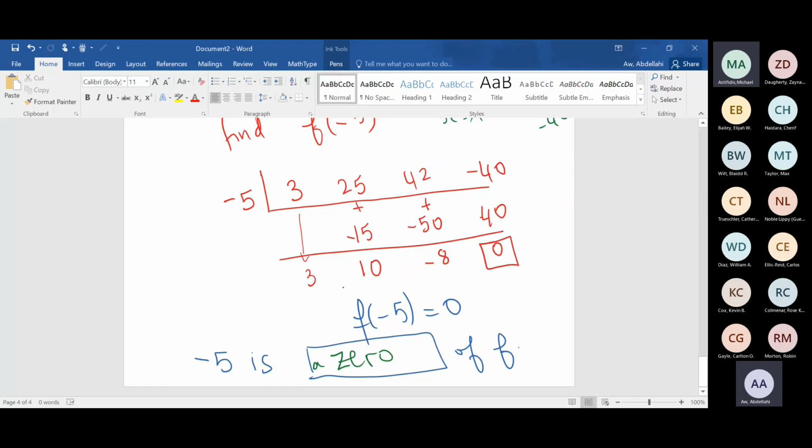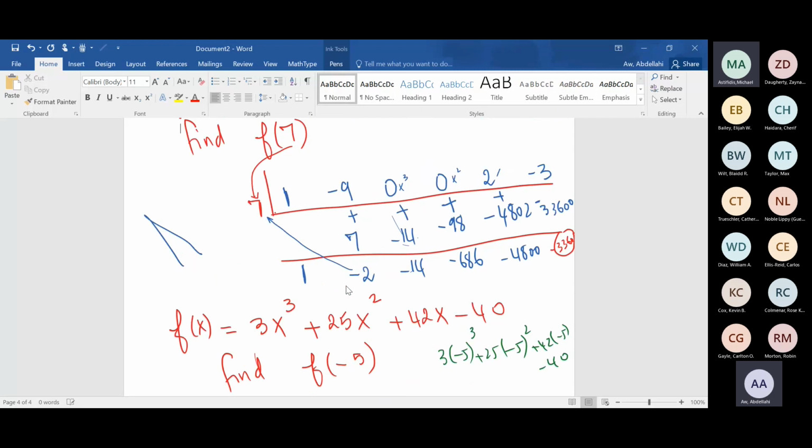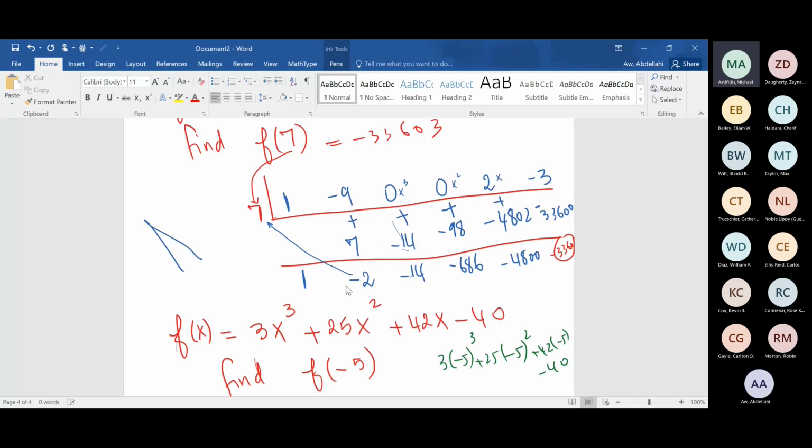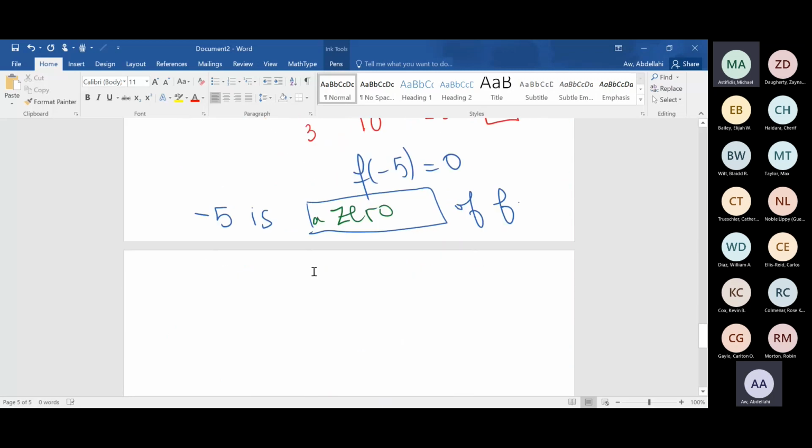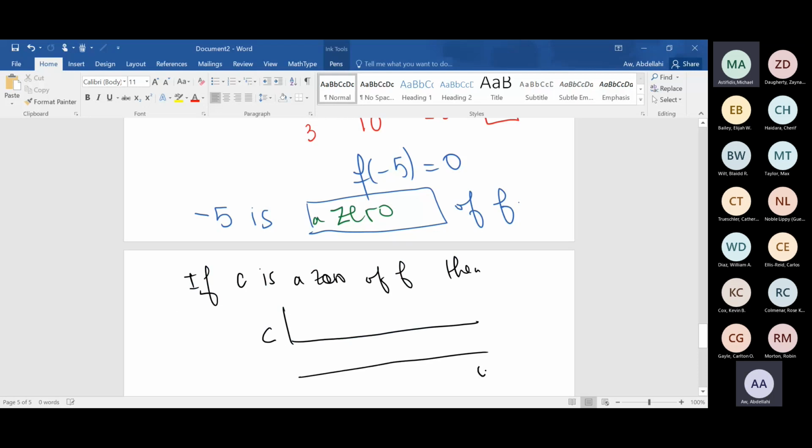So if C is a 0 of f, then when we do the synthetic division and we put C here, we will get a 0 here, right?